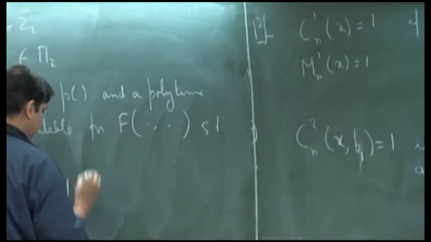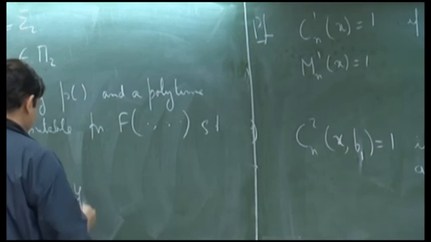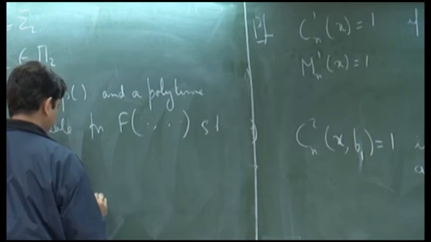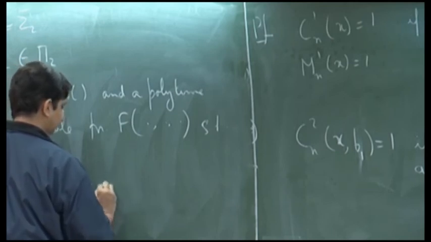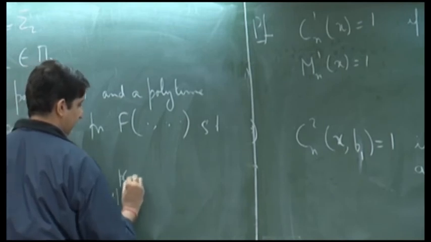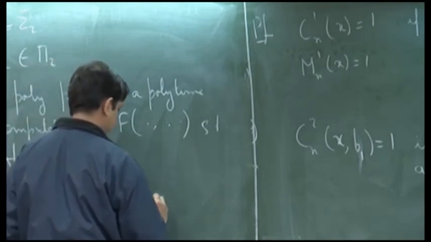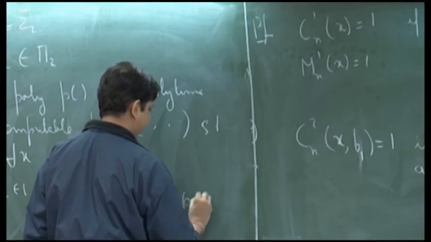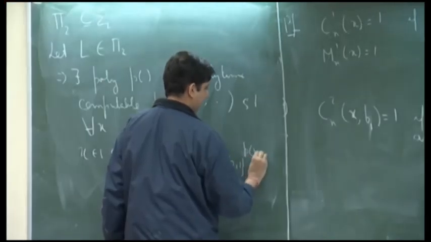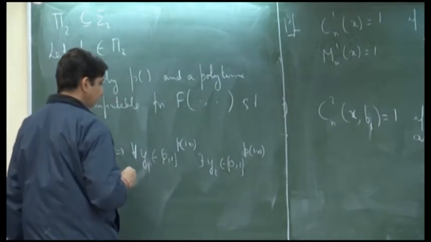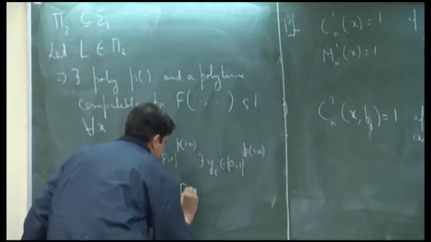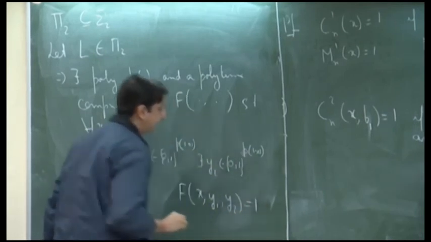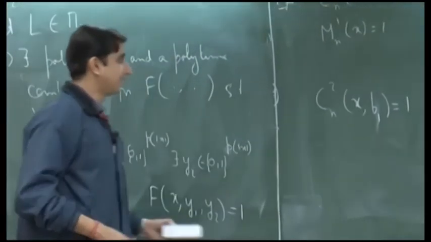For all y 1, let us say having size p of mod of x, there exists a y 2 and f given x, y 1 and y 2 evaluates to 1.